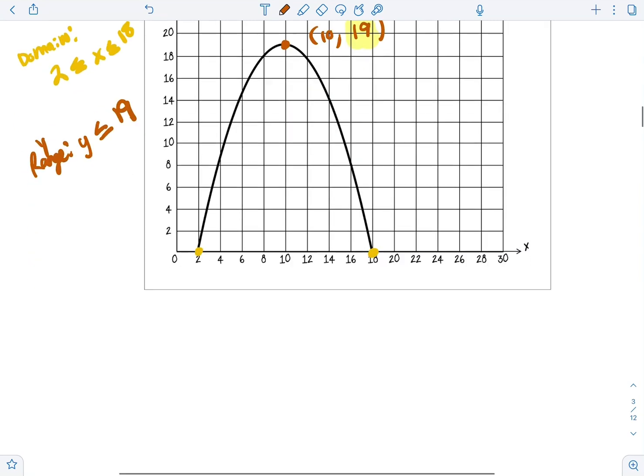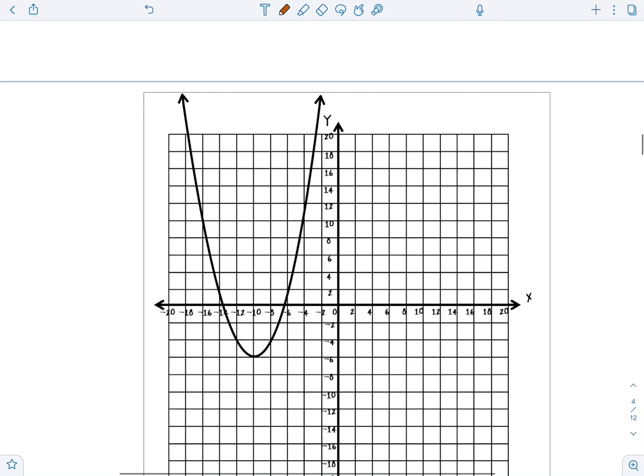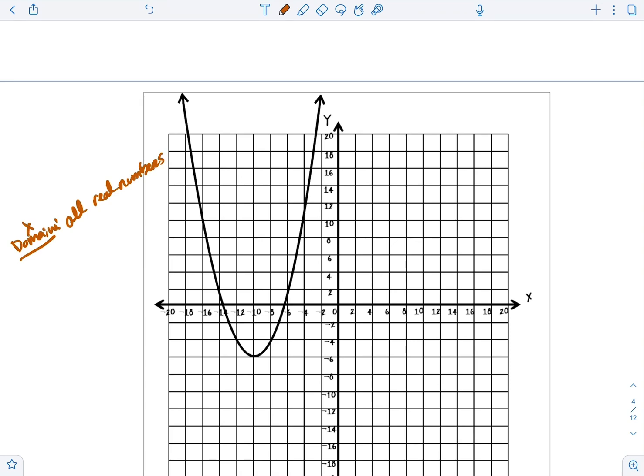Hopefully you're getting the hang of this. All right, now look at this. We see arrows, right? So I want you to go ahead and write what you would say the domain is. All real numbers. Now here, when we talk about the range, take a moment, press pause, find the range.